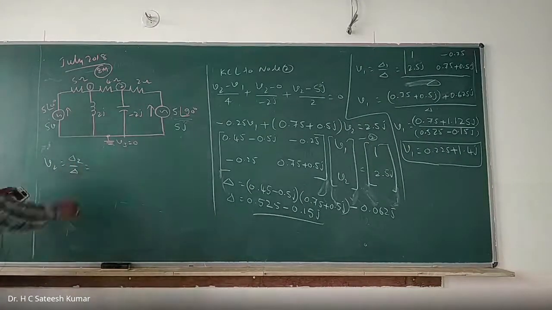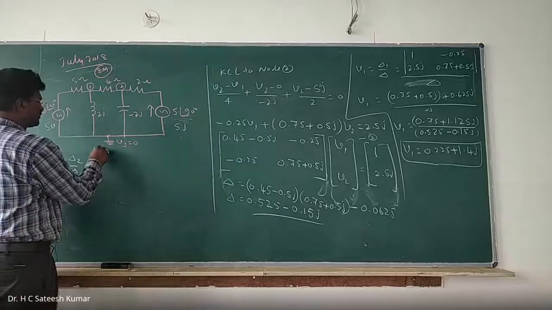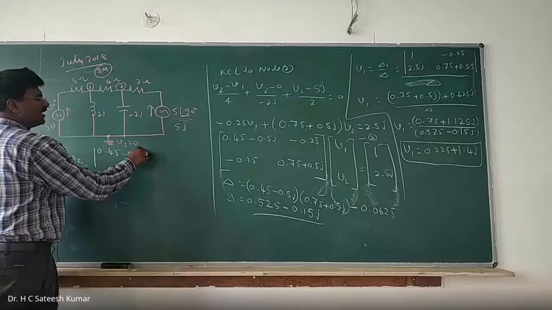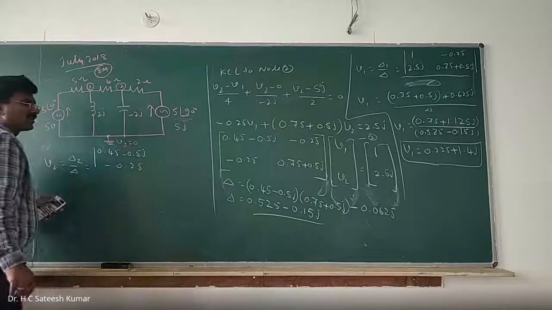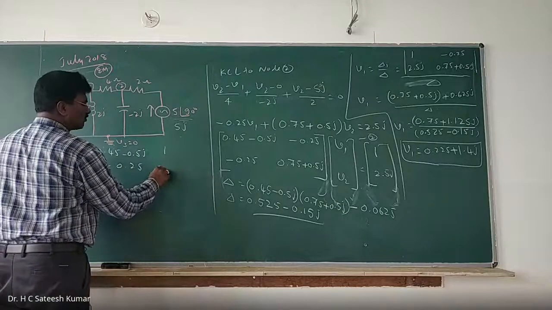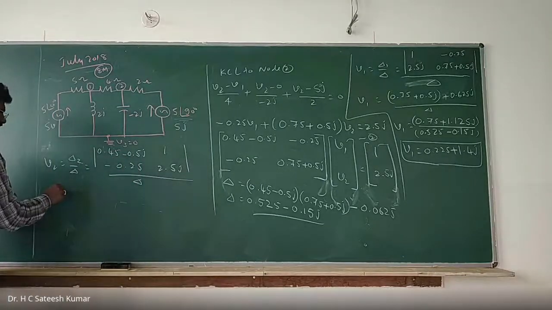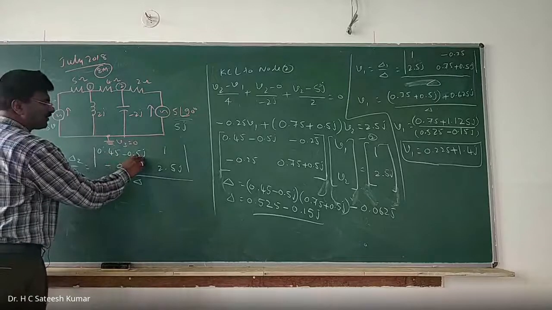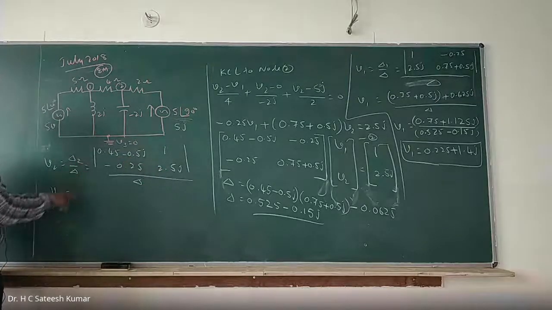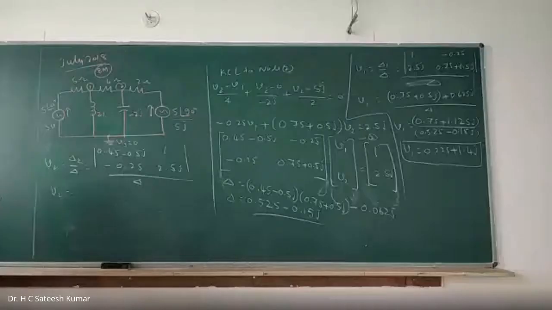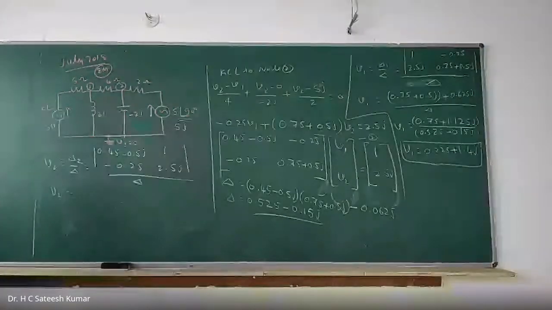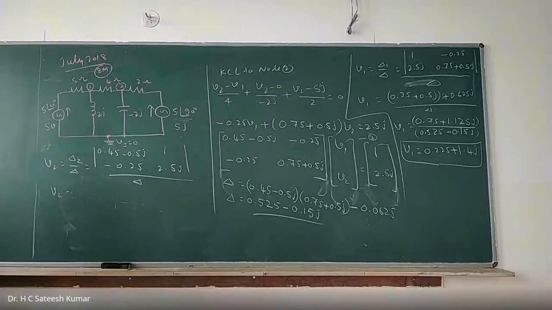Delta 2 is nothing but: first column you keep as it is, 0.45 minus 0.5J, minus 0.25, and second column is replaced by the right hand side, 2.5J, divided by delta. Multiply: 0.45 minus 0.5J into 2.5J.